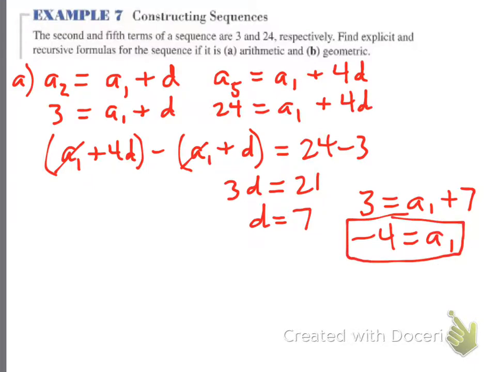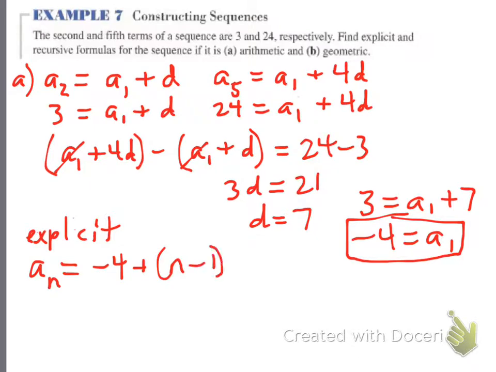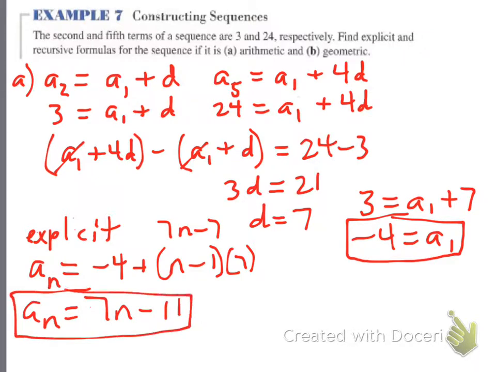So our explicit formula would be a sub n equals a sub 1, negative 4, plus n minus 1 times 7. So a sub n equals, let's see, this is 7n minus 7, so 7n minus 11 would be the explicit formula.